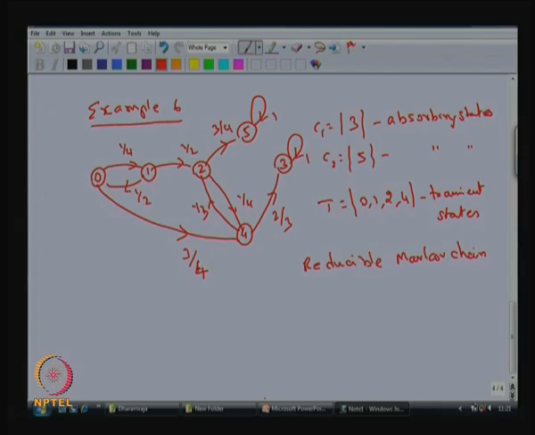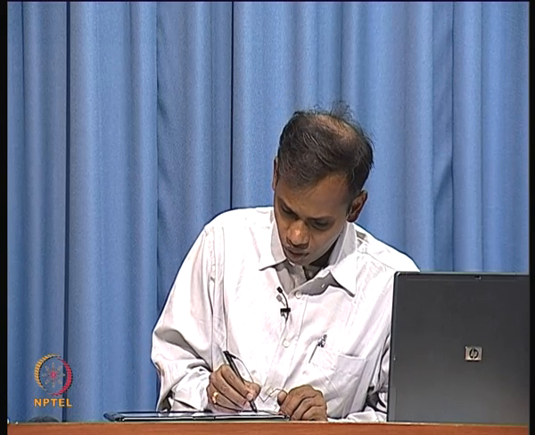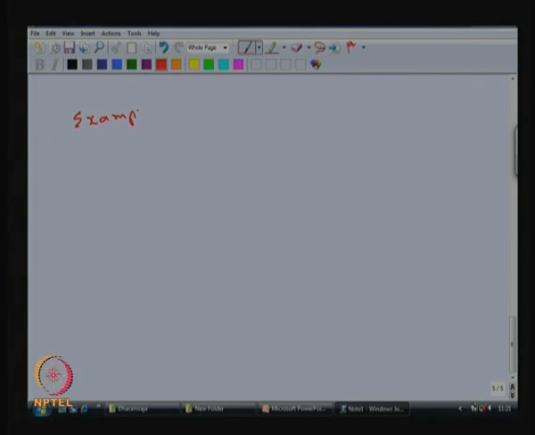Now, I am moving into the next example. This is another type of reducible Markov chain, that is example 7, which has n plus 1 finite states, and the transitions are like this. With probability 1 minus p, the system goes from state 1 to 0.